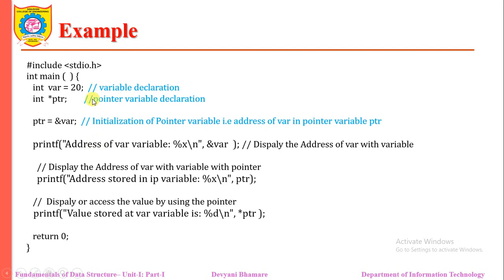Here we are displaying the address of the variable. The address of x is stored in PTR. So we can define two ways to display the address of a variable. And here we are displaying the value of the variable with the help of pointers.